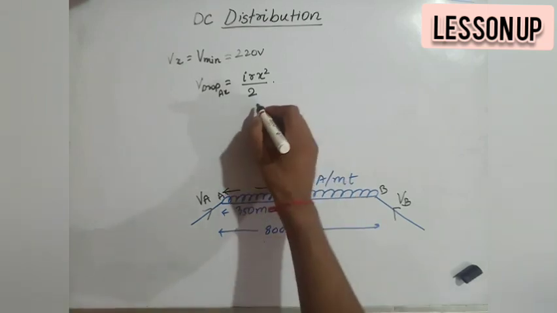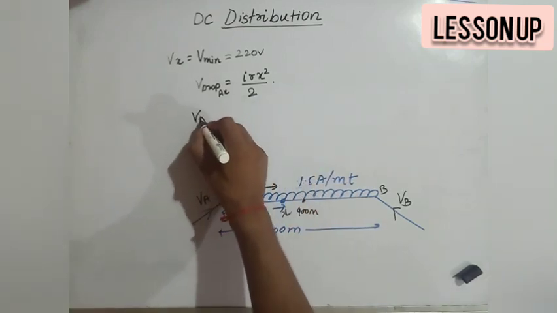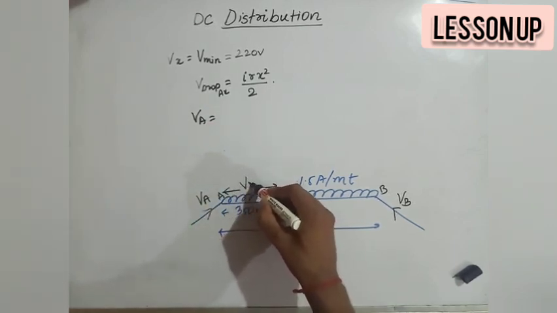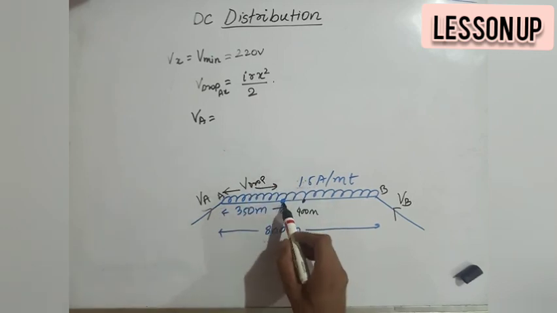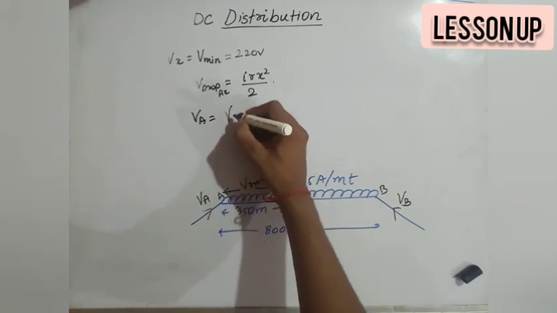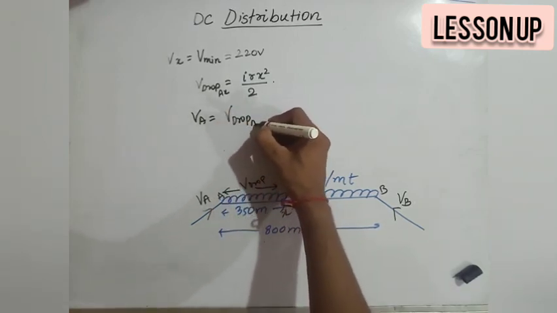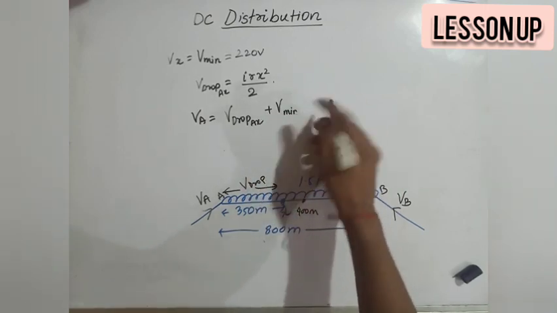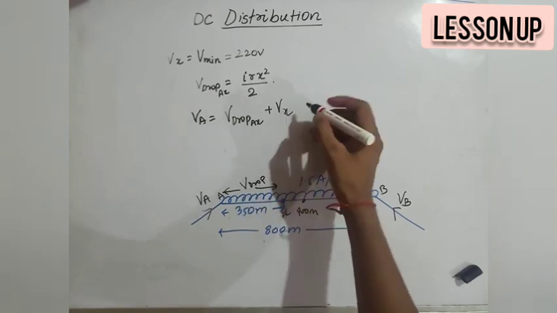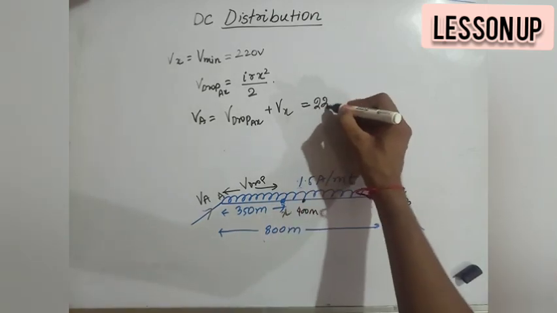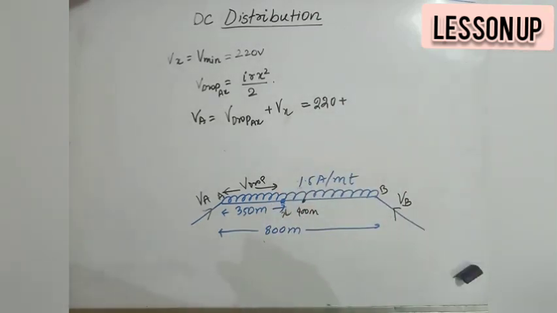And VA, the voltage at point A, will be the voltage drop between A and X plus the voltage at point X. So it will be V drop between AX plus V min, or we can write Vx. So Vx is 220 volt plus V drop, which is IR x square.